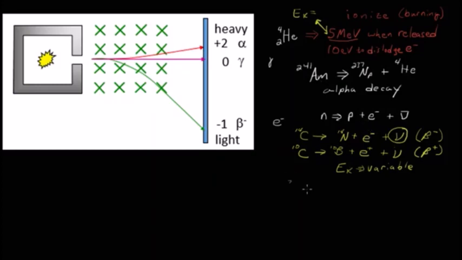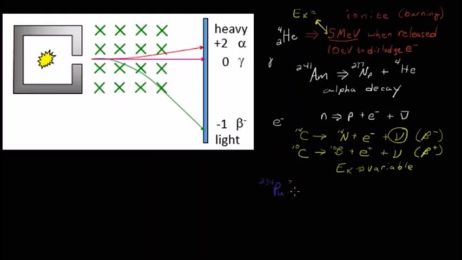All right, so let's talk about gamma radiation. Let's take, I think this is polonium. This is a really nasty element, very highly radioactive, because it's way high on that chart.